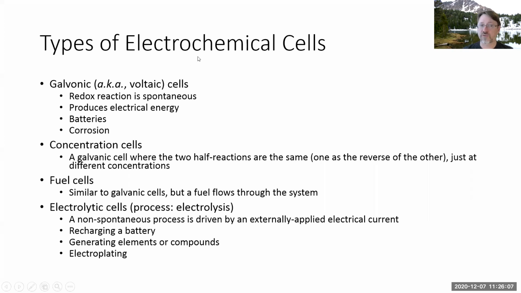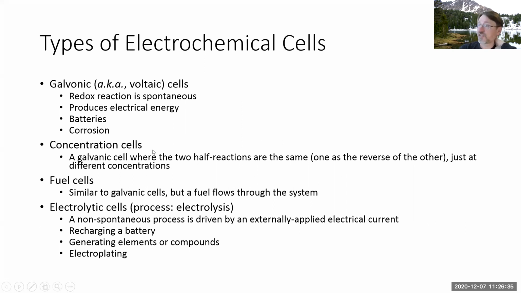It produces electrical energy, and it is what is used to make a battery. It is also the driving force behind corrosion. So if you have an iron bar that is corroding to become rust, that is actually a galvanic process, an electrochemical redox reaction, that is happening. We'll talk about a little bit more of that in a moment.